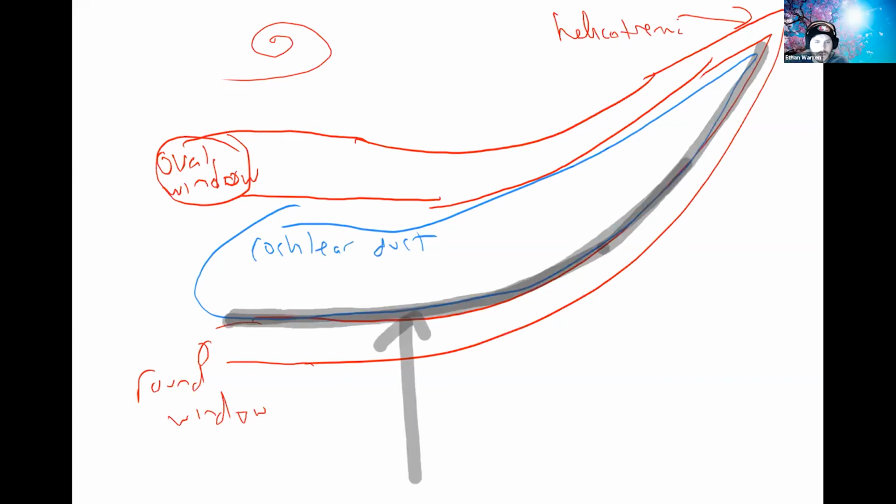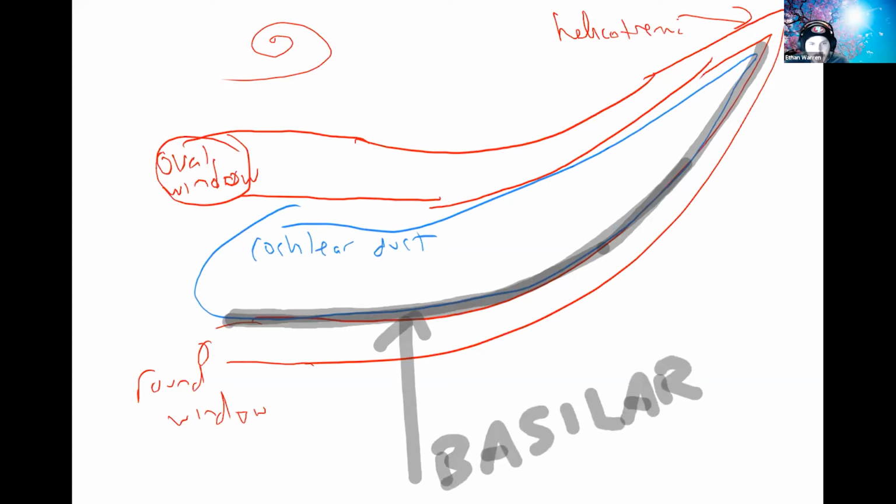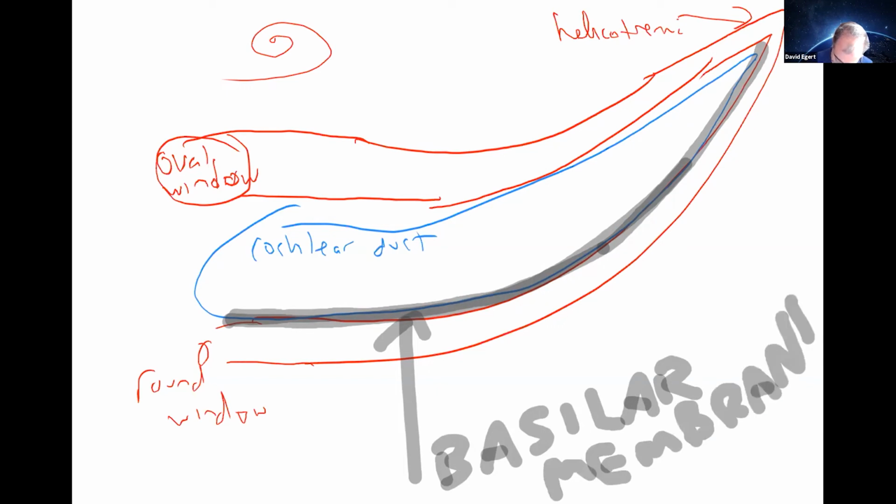So the cochlear duct has the hair cells, or the organ of Corti has the hair cells? They're both true. The organ of Corti has the hair cells, and it's located within the cochlear duct. So the basilar membrane is kind of the floor for the hair cells.